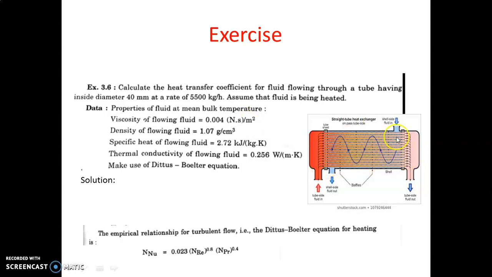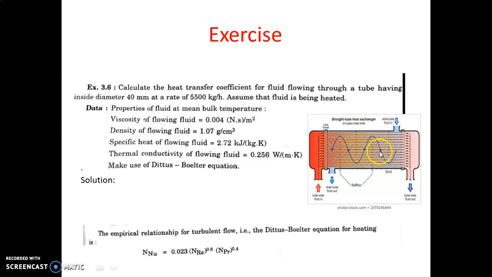So this is called a heat exchanger. Here one fluid is passing. In the problem, the given fluid is passing through the tubes, and for this fluid we have to calculate the heat transfer coefficient. There are 2 types of heat transfer coefficient.